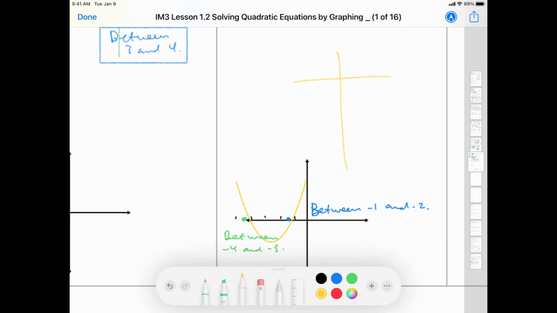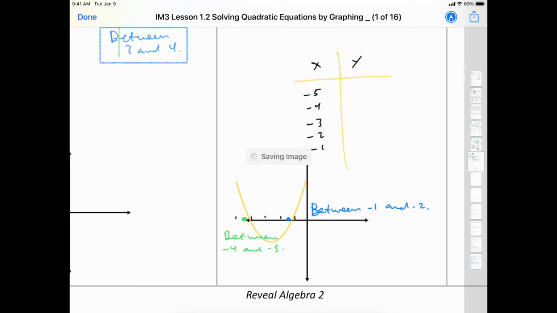I wrote down x, y's. -5, -4, -3, -2, -1, and let's just put 0. So I have 1, 1, -2, -3, -2, and 1.